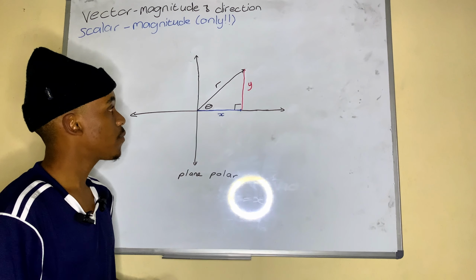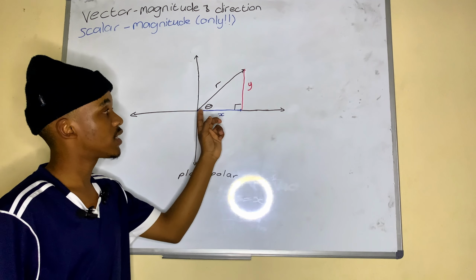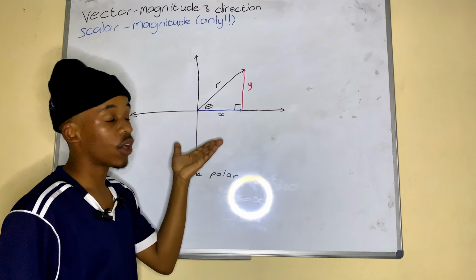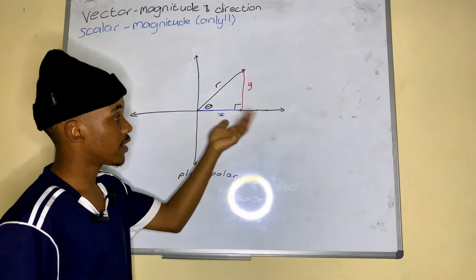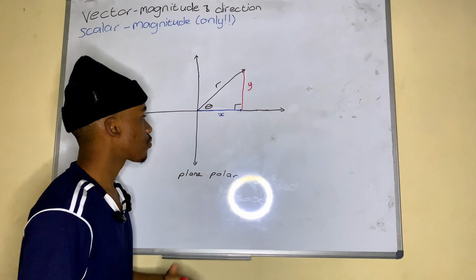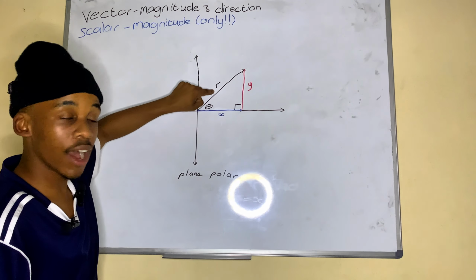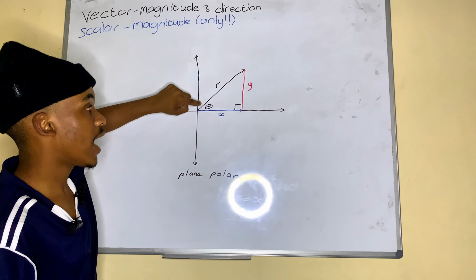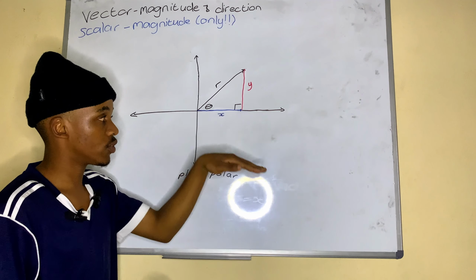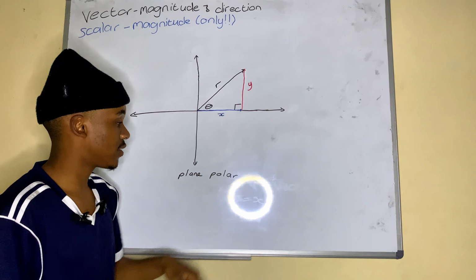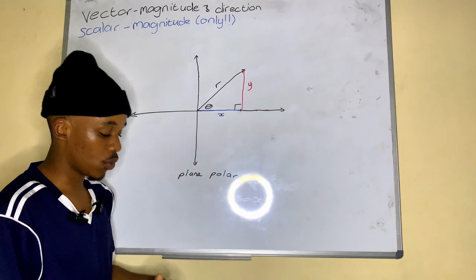So as you can see here, we've got r, which is the hypotenuse of our triangle. We've got x and y being the sides. Once we have r and theta, r being the hypotenuse and theta being the angle that lies between the hypotenuse and the horizontal axis, or the x-axis, then we've got our plane polar coordinates.